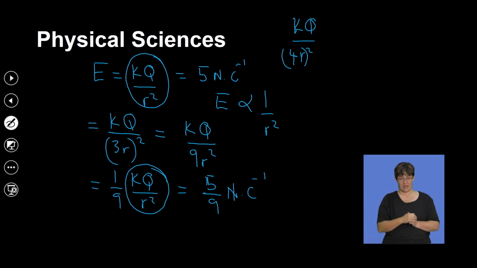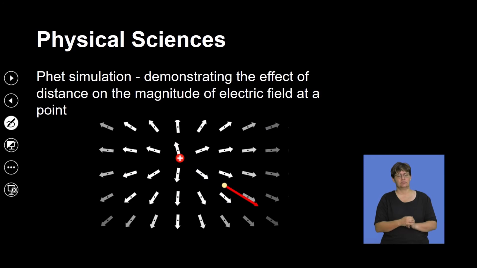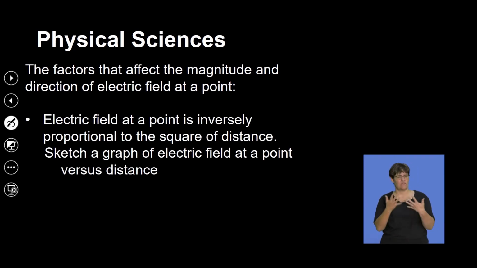So we're squaring 4R, and this is 5 over 16 newtons per coulomb. So it's even smaller and smaller. We've used the PhET simulation as we showed earlier, so we are saying that one of the factors that affect the magnitude is the distance.